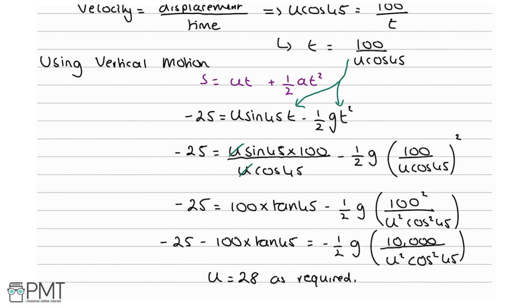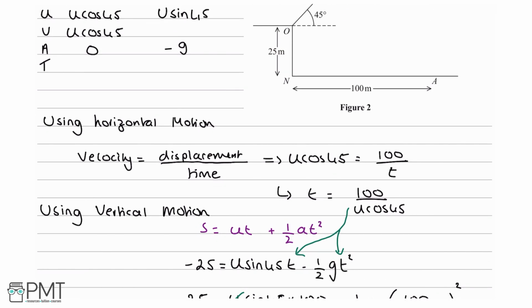So this question is worth 6 marks. Your first mark comes from stating you're going to use horizontal motion. Your second mark comes from showing you've used horizontal motion, so either of these two forms we have here or here is correct. Your third mark comes from stating you're going to use vertical motion.